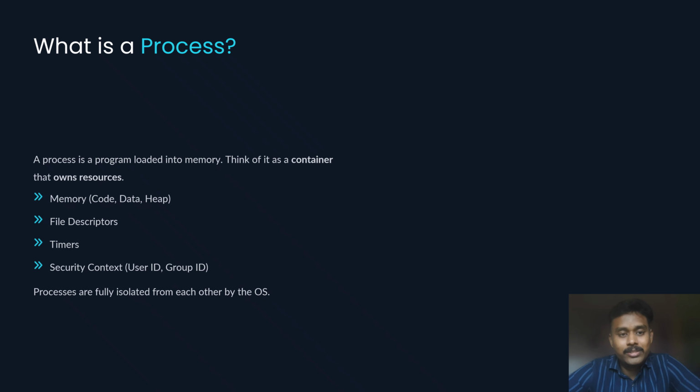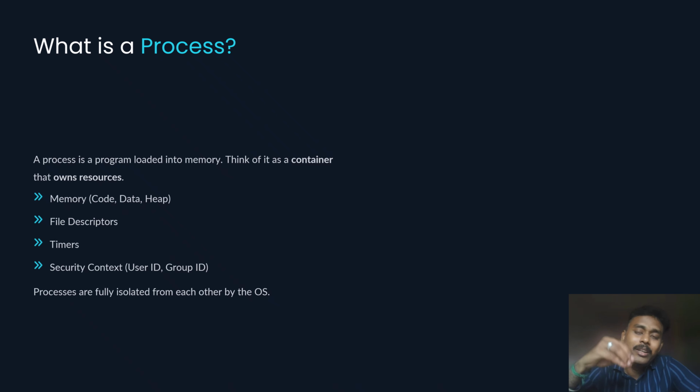So process. If we take the term process, it is actually a program which is loaded onto the memory. In terms of an NTO architecture, the process generally refers to a container. To make it understandable, a process is equivalent to a container.